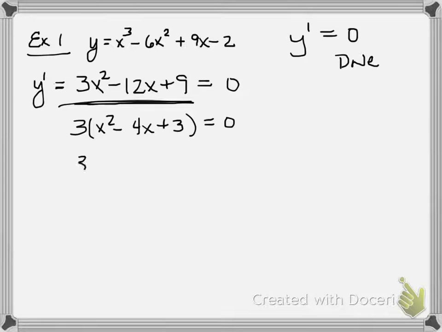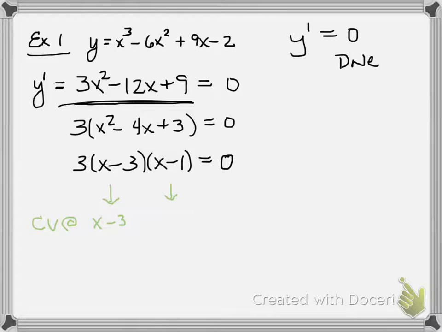Keep factoring here. And solve this, we will now figure out that we have critical values at x equals 3 and x equals 1. This right here is not a critical value because it doesn't equal 0. 3 doesn't equal 0, it doesn't make any sense.